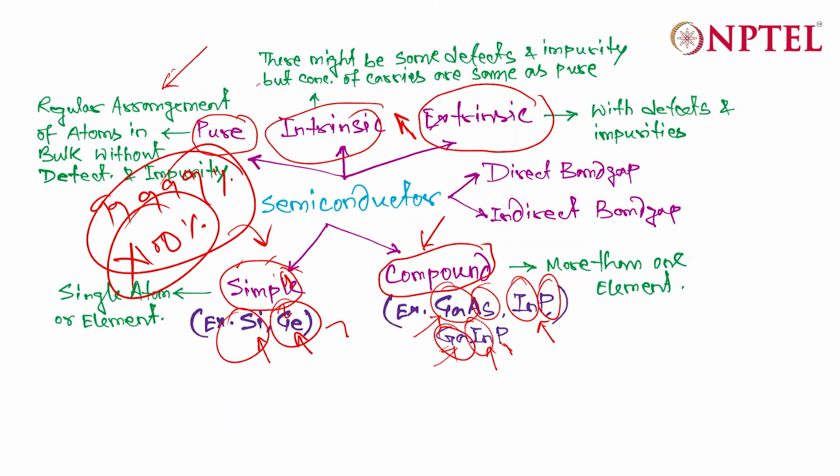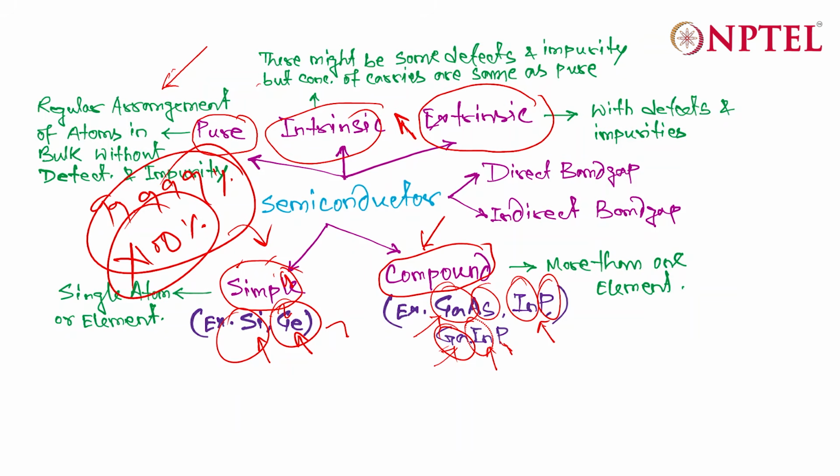An intrinsic semiconductor may have some defects in the material, so it is not exactly pure, but the concentration of carriers is the same as pure. So we will get a complete benefit of a pure material as far as the application is concerned, but it's not exactly pure. This type of variant is known as intrinsic.